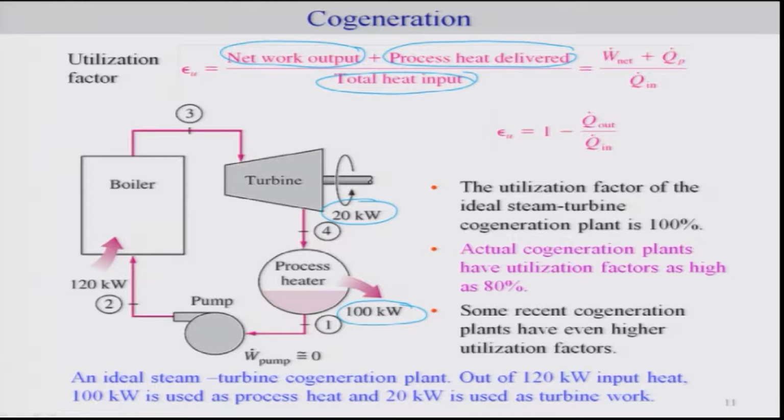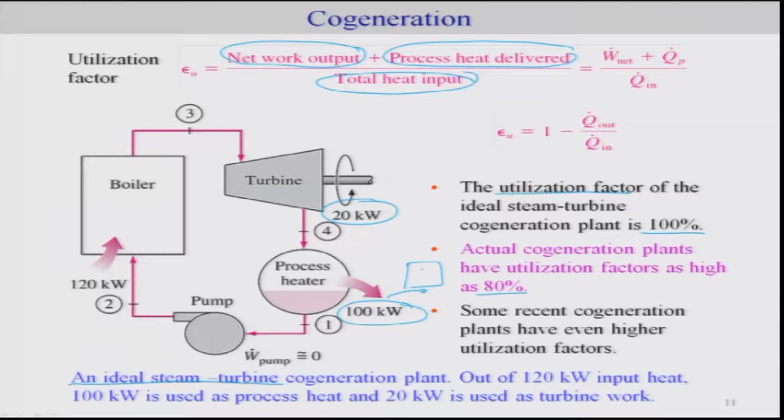In the case of an ideal steam turbine, the utilization is 100%, where we use the rest in some other part of the plant. Thus the utilization factor could be 100%, but actual cogeneration plants have around 80% utilization.